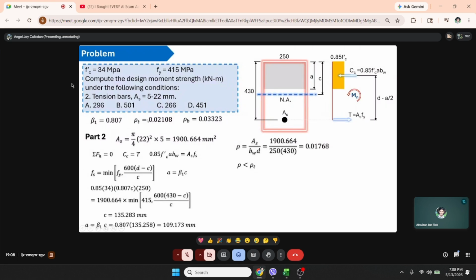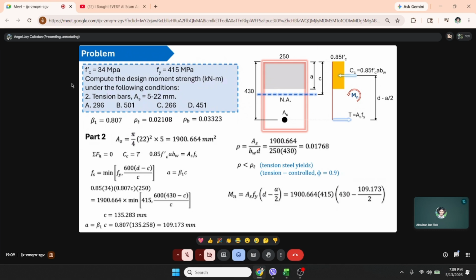And comparing na pod sa mga boundaries, mas gamay japon siya sa tension-controlled na rho. Therefore, tension steel yields and tension-controlled siya. So, phi is equal to 0.9.